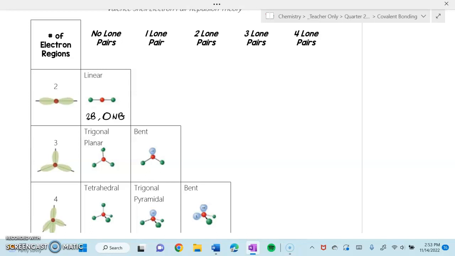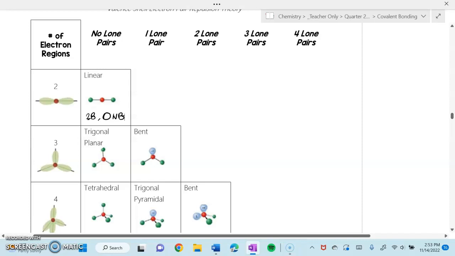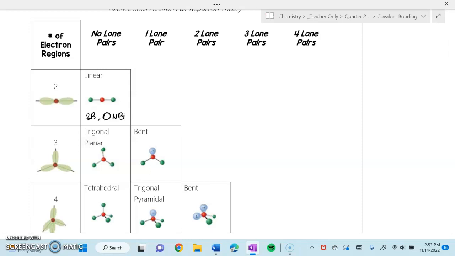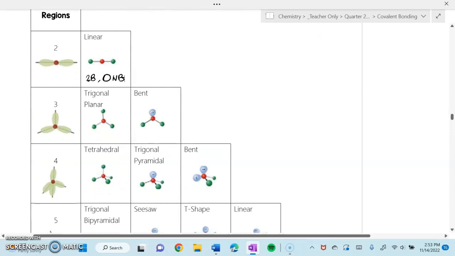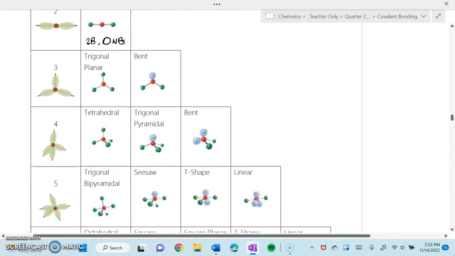Remember, bonding regions are the shared pairs around the central atom, and non-bonding regions are lone pairs around the central atom. Linear is going to end up having a 180-degree bond angle with 2 bonding regions and 0 non-bonding regions, giving us the shape linear. Looks like a line.